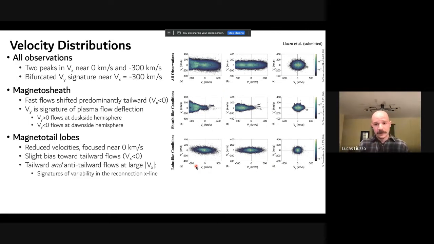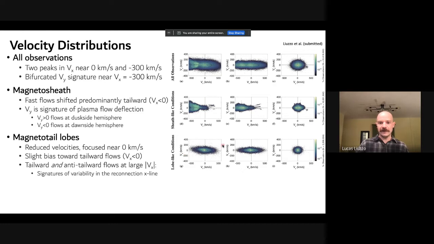But what's interesting, especially at these higher velocities, is that there are still observations in the magnetotail lobes that have really high velocities, upwards of 300, 400, or even 500 kilometers per second. And this is associated with reconnection regions and really fast jets of plasma that are streaming past the moon, either earthward or tailward, associated with some kind of reconnection event on the opposite side.